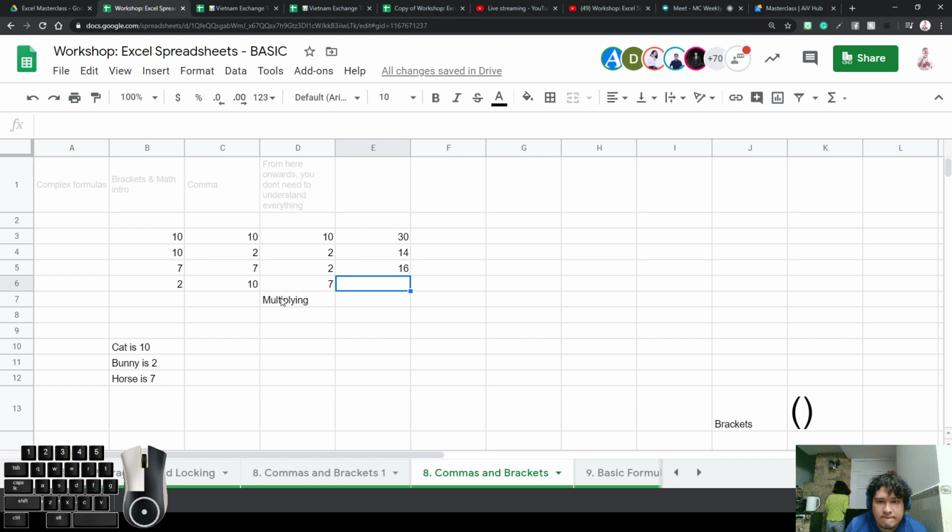So what should I do? Let's make the formula. The first one plus second one times, the times is this little star, this one. And the answer is 72. But how do we explain this mathematically? It's very simple.